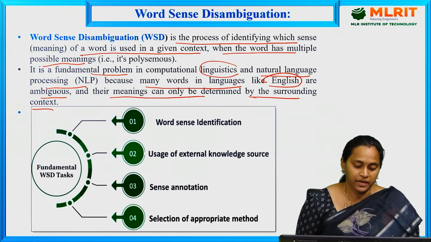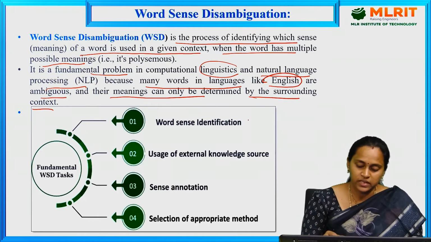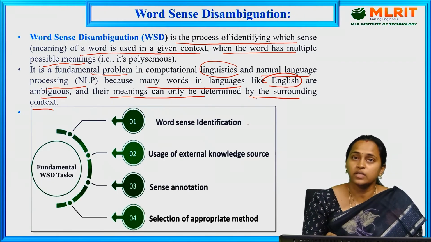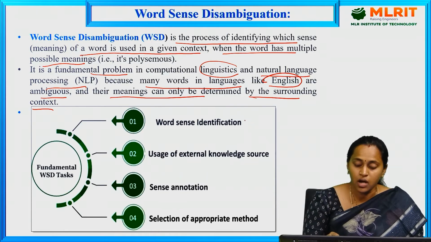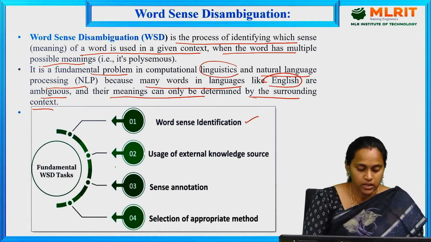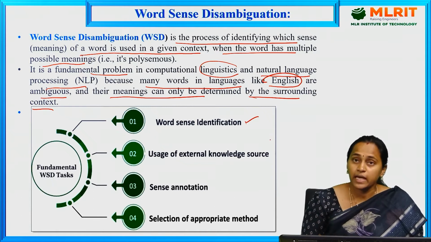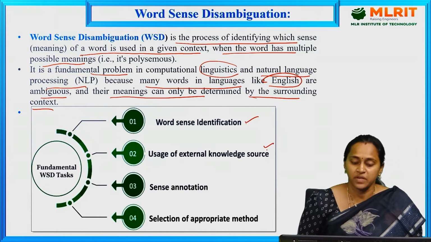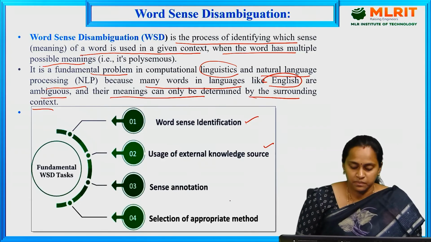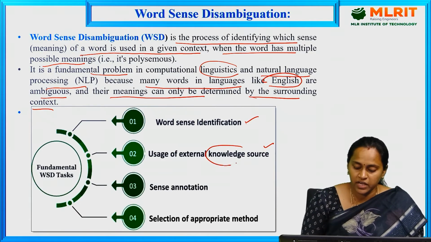Let's see the fundamental tasks. First one, word sense identification. First, we have to find the sense of the word, based on the surroundings of the word. Next, use of an external knowledge source, meaning we use a WordNet database.